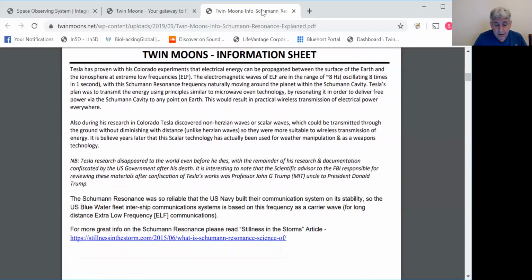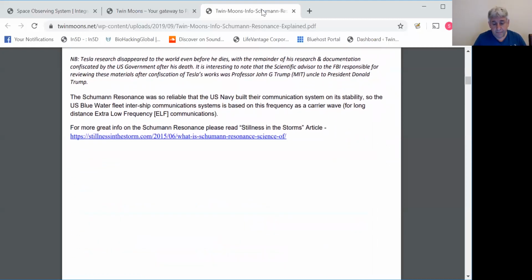It was so effective as a communication method that even the submersible submarine fleet used ELF frequencies because of their distance traveling capability with relatively low loss of information, and used that for their submersible communication as well.